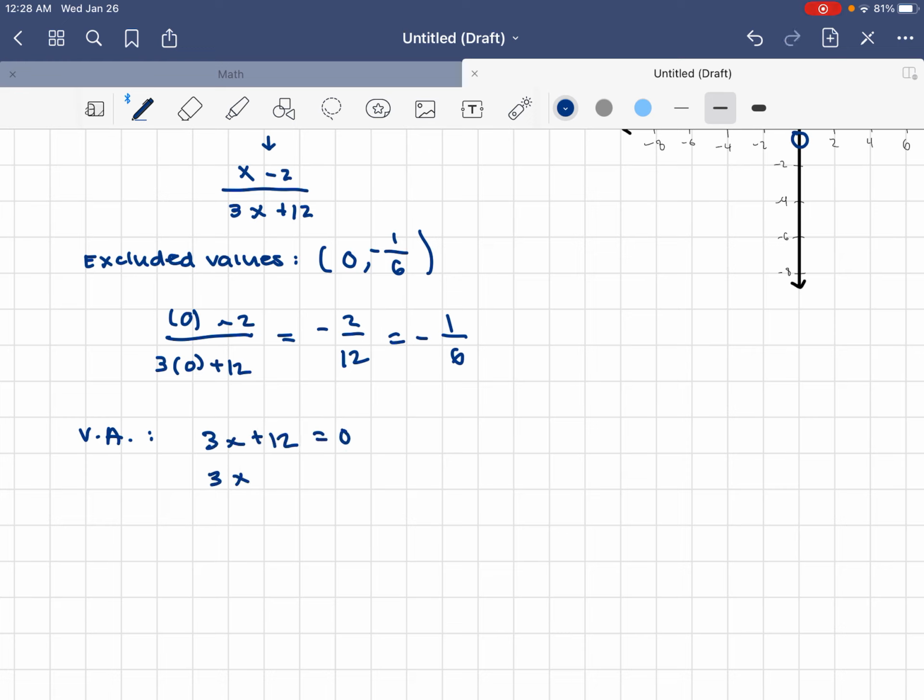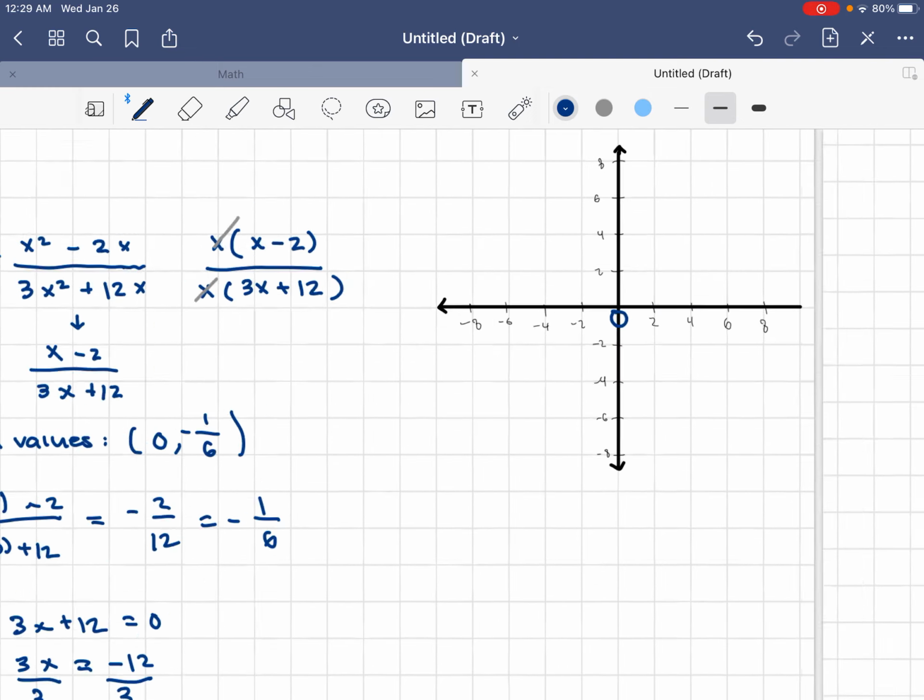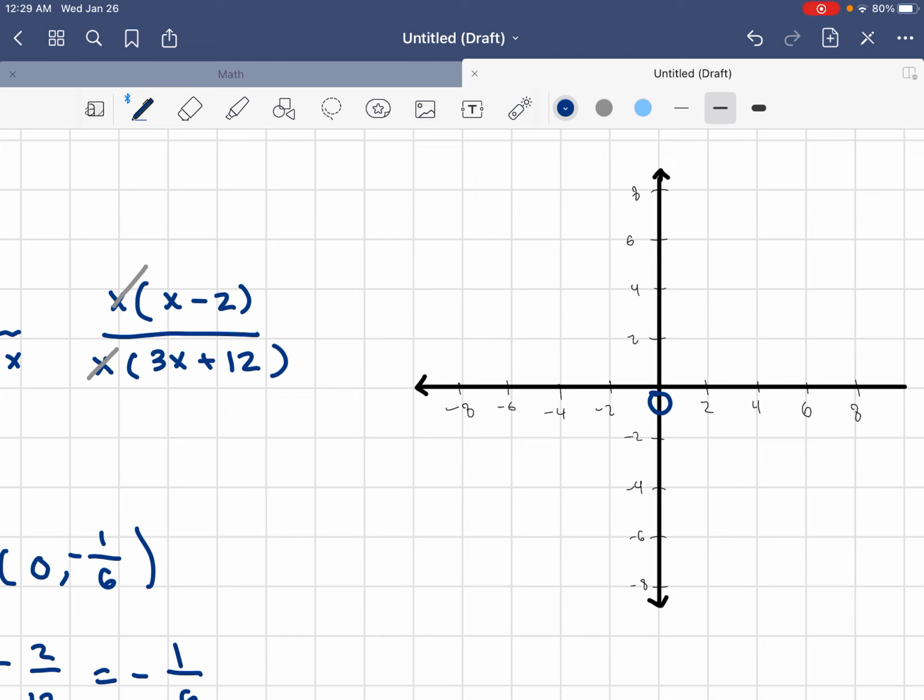So let's solve for x, because our vertical asymptote is going to be crossing our x. Okay, so our vertical asymptote is negative 4. So let's go over to our graph and draw our asymptote.